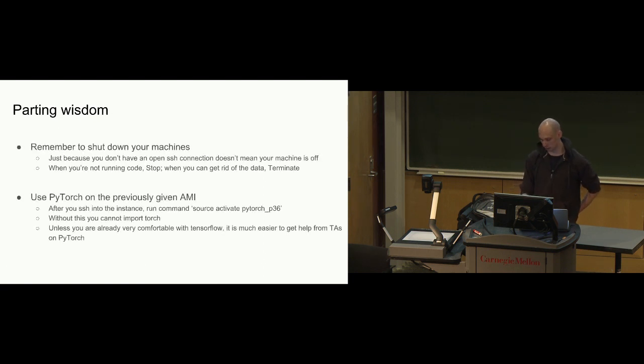Cody, do you have anything to add? Oh, yeah. I wanted to talk about those of you who may think of using your local hardware. Every semester there's always at least a couple students who say, I have a GPU of my own, I want to use it instead of doing this AWS stuff. That is possible.